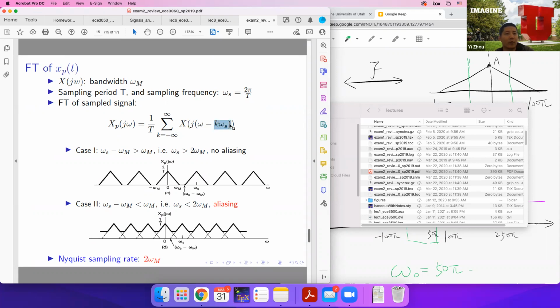So the shift is characterized by the sampling frequency. And depending on the sampling frequency and your bandwidth, we may or may not have overlapping between the different copies. And then we have this Nyquist sampling criterion, 2 times the bandwidth.